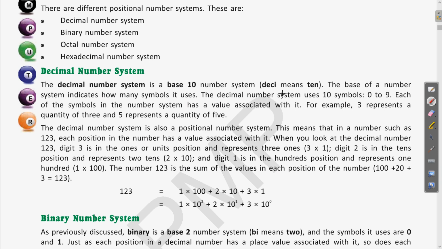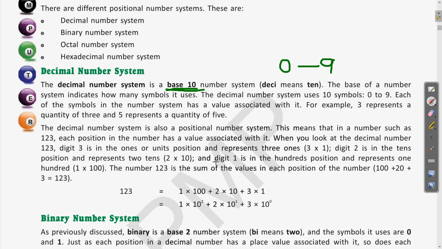All of the digits which we write use only these 10 digits, and that is why the base is 10. The numbers you use in the decimal are 0 to 9. So 1 to 9 is 9, and including 0 it becomes 10. Clear? So these are the 10 symbols which we use in the decimal.